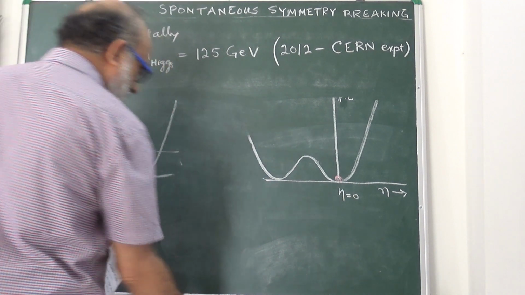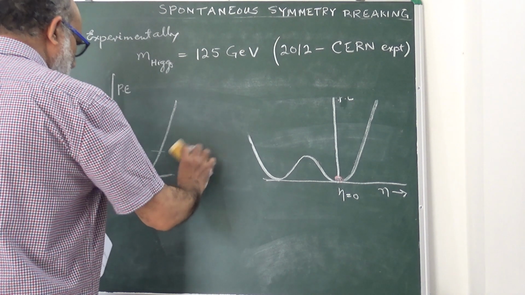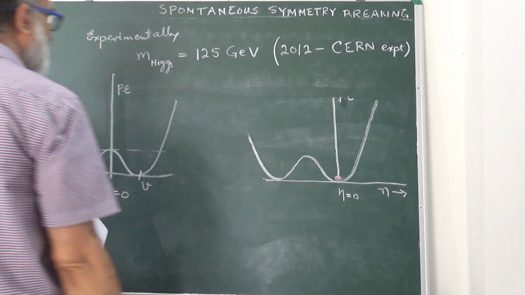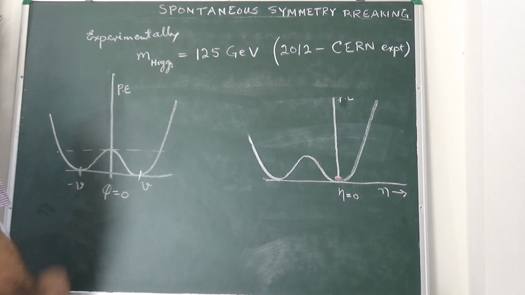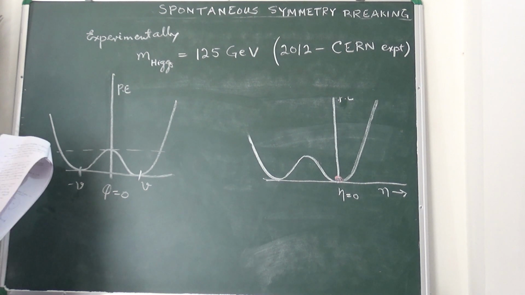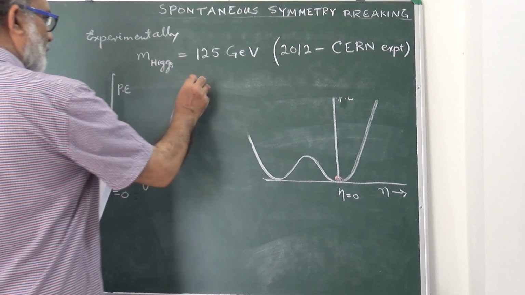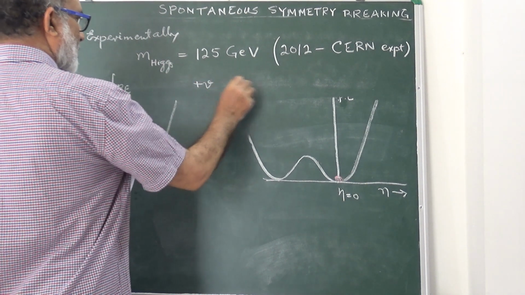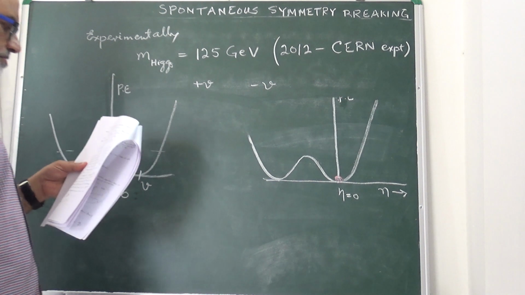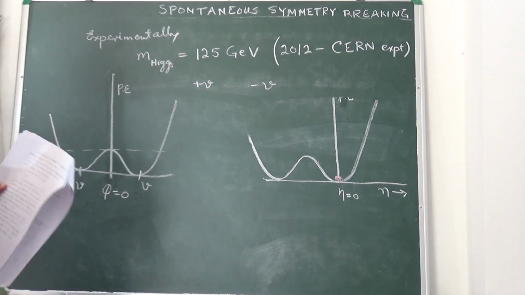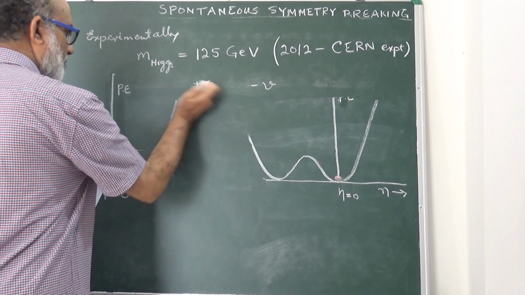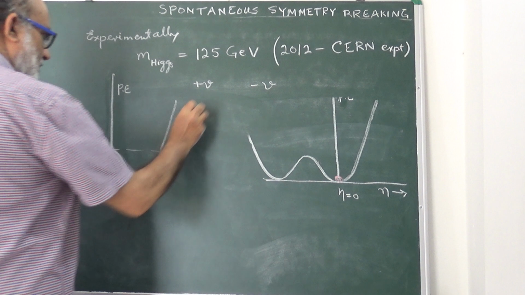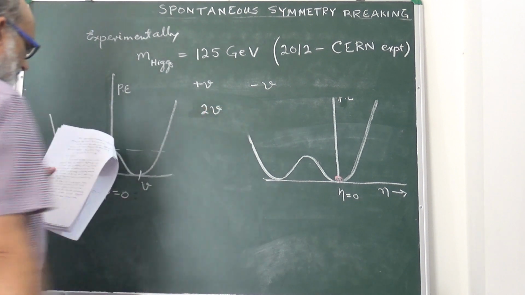Because if we choose different values of the field at different positions, the kinetic energy will be different, very fluctuating. If we choose plus v at some point and minus v at another point, this amounts to a difference in the phi field by 2v.